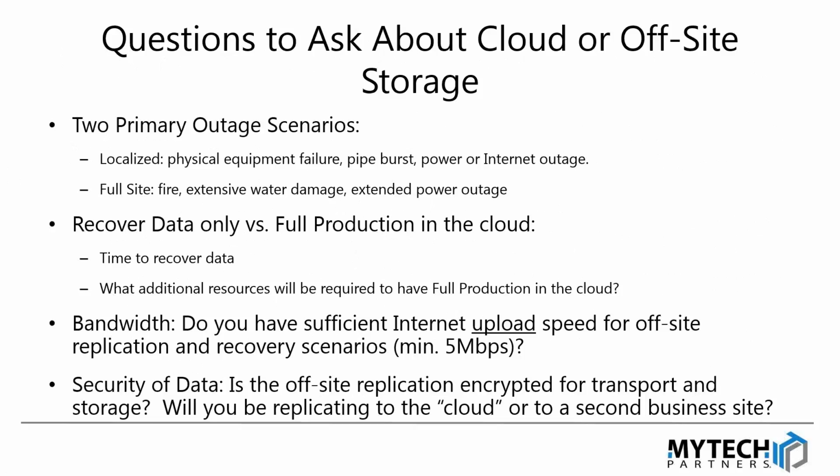So when it's being transferred via your internet connections off to the cloud, how is that data protected? Is it encrypted? What encryption mechanisms are used? Who has the keys? How do we make sure we're not accidentally leaking all that data to people who shouldn't have it when we're trying to get it off-site? The good news is there are some really good, simple solutions for that, but we just need to make sure we're checking the box and understanding what it is.